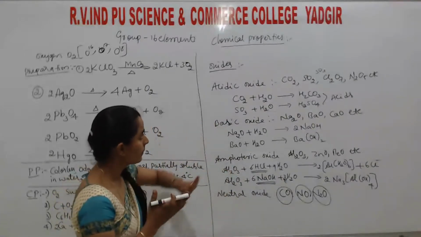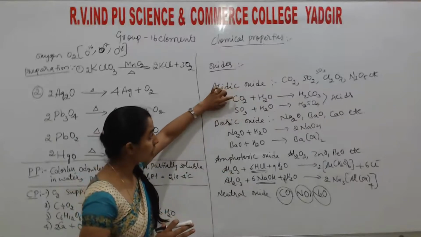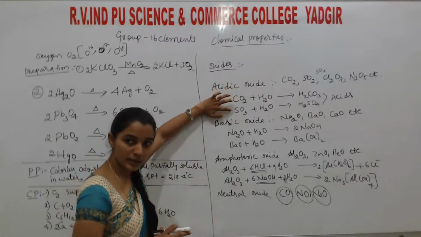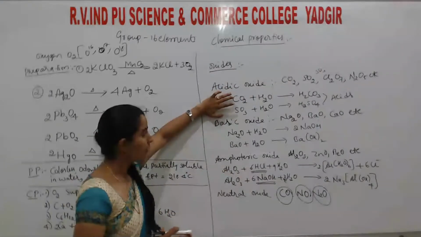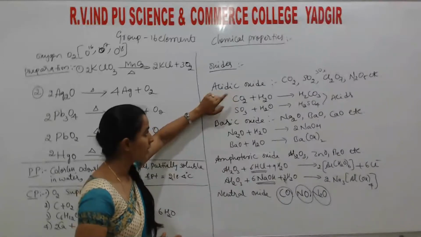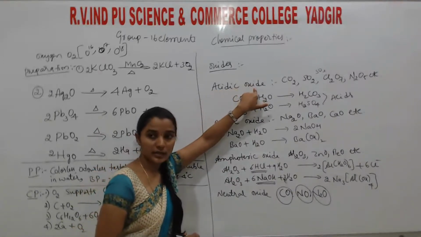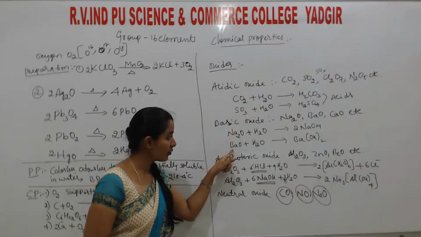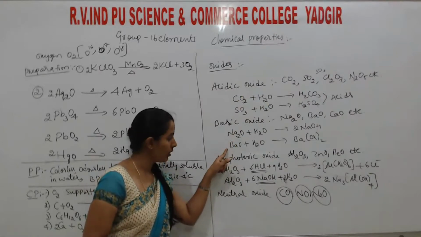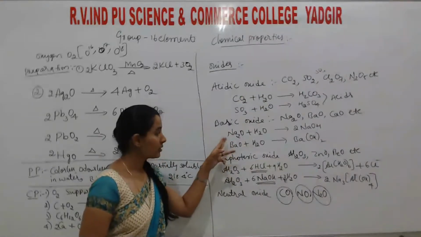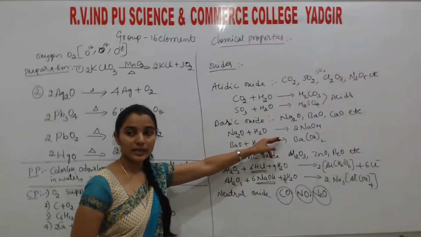So students remember, carbon is a non-metal, sulfur is a non-metal. Oxides of non-metals are called acidic oxides. Sodium is a metal, and oxides of metals are called basic oxides.